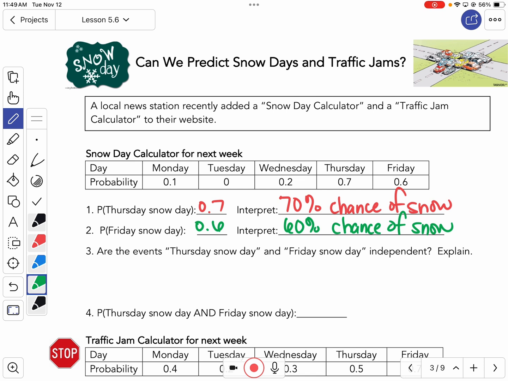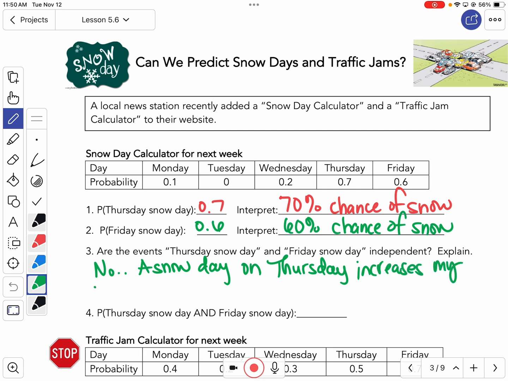No. So they're not independent. So we would say no. A snow day on Thursday increases my chance of a snow day on Friday.